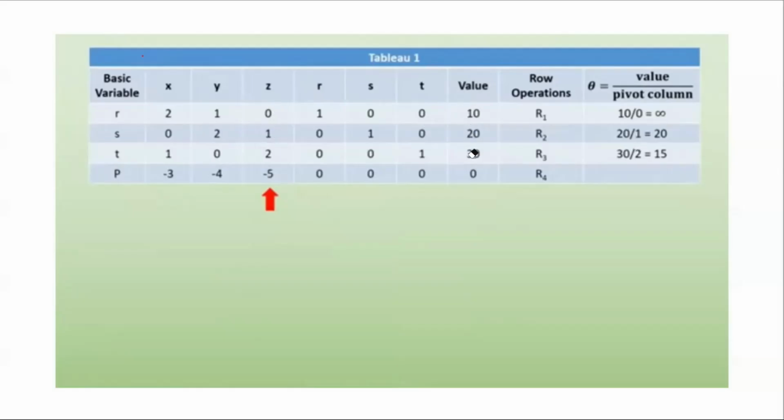You divide these numbers, and you get it there. The one with the lowest ratio is the 15. So this then becomes your pivot row now.